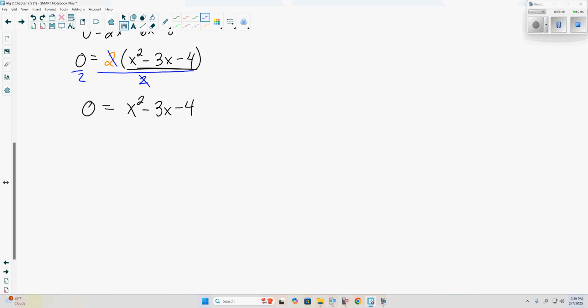Because if we do that with a variable, that variable's gone on the right-hand side here. And on the left-hand side, 0 divided by x is just 0. That's gone completely. We've lost a solution. And normally it does end up being 0.